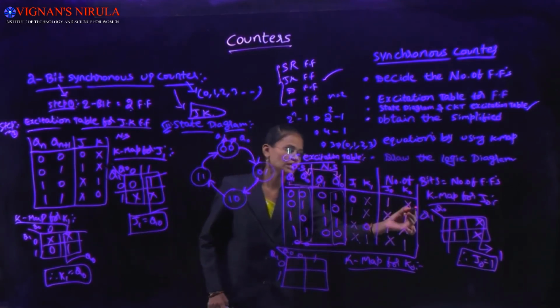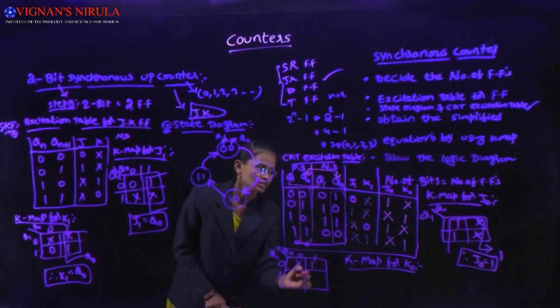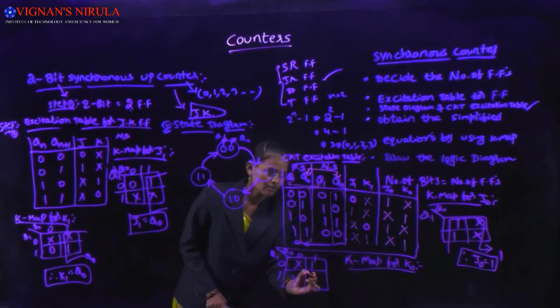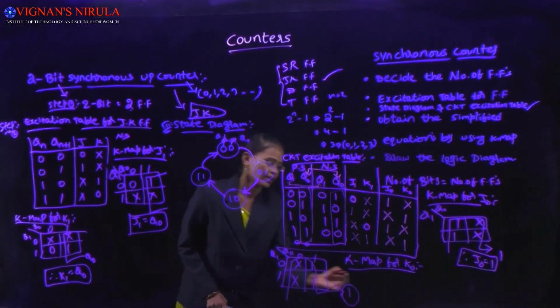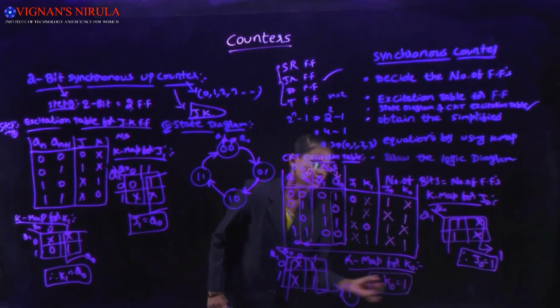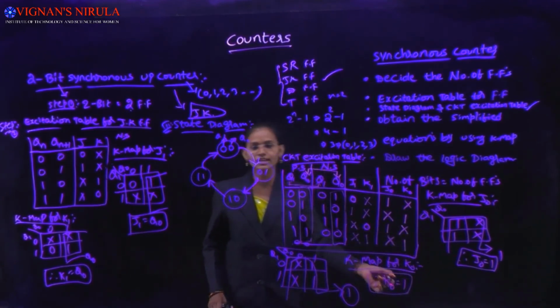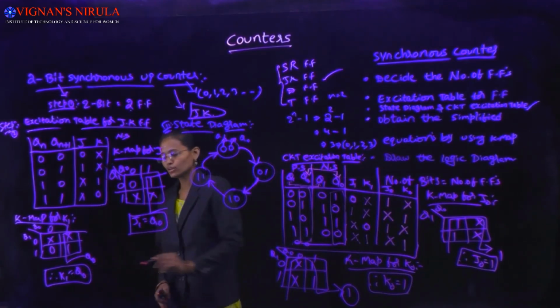The 0 cell is X and the first cell is 1, the second cell is X, the third cell is 1. Here also these 4 cells. This is also 1. Okay, finally K0 equal to 1. Here J0 is 1 and K0 is also 1. Here J1 is Q0, K1 is also Q0.